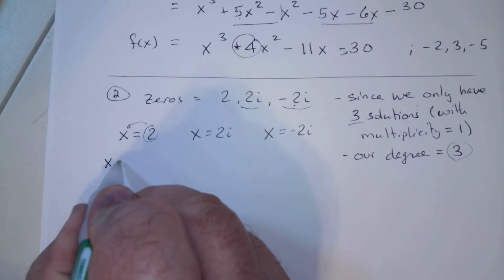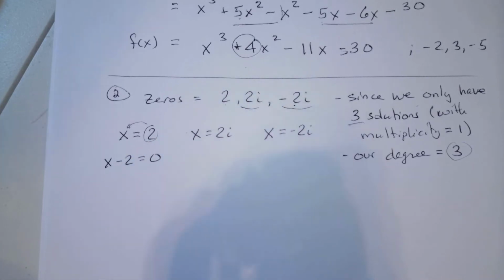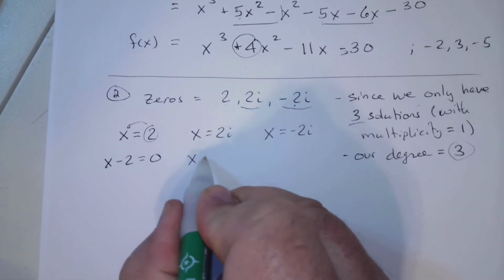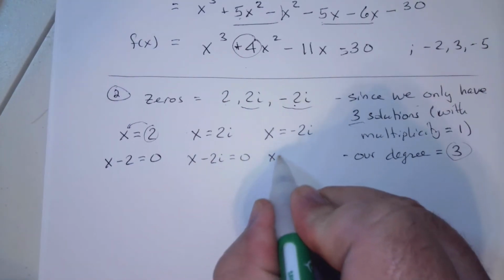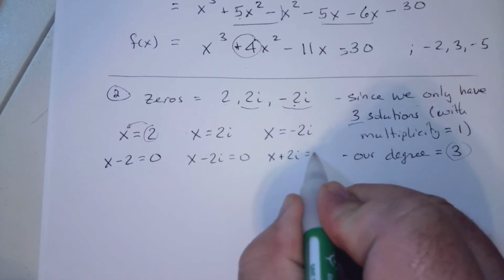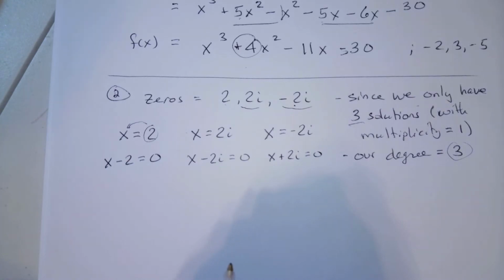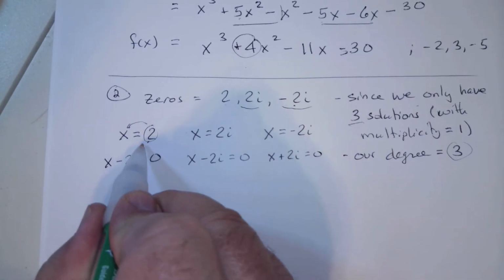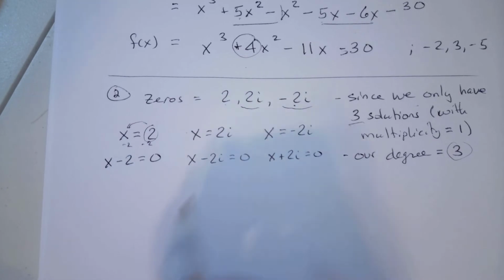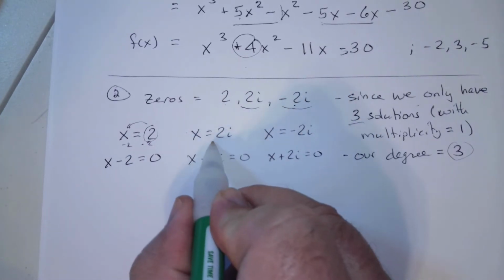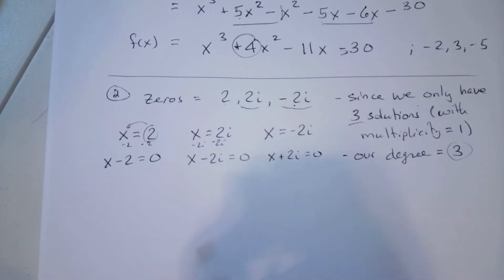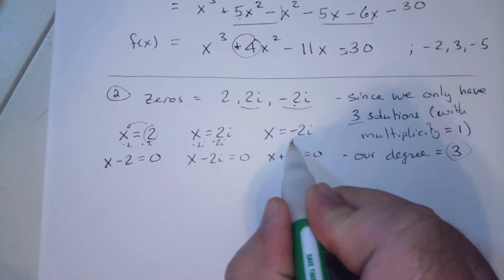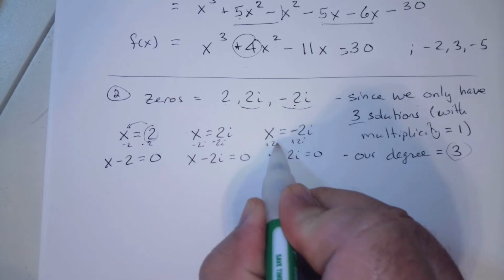So x minus 2 equals 0, x minus 2i equals 0, x plus 2i equals 0. Remember, in order to move the 2, I have to subtract 2 from both sides. To move the 2i, I have to subtract 2i from both sides. So that's x minus 2i. Since this is a negative, I have to add 2i to both sides.